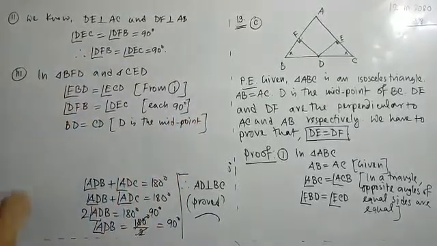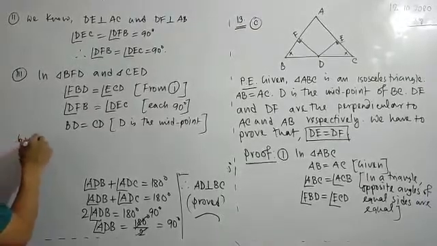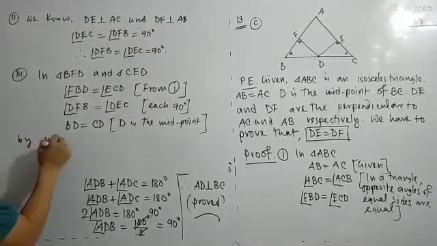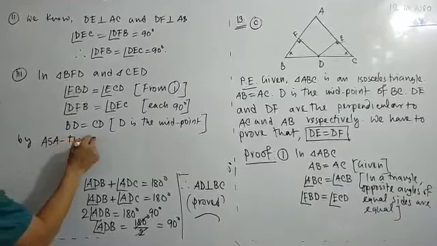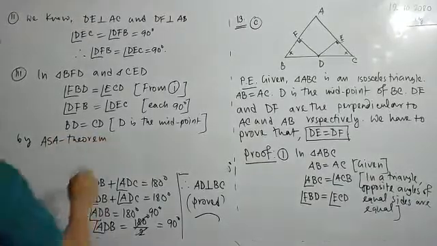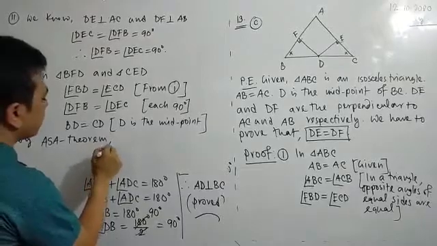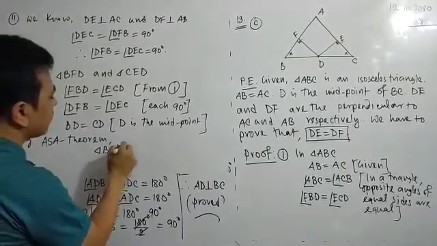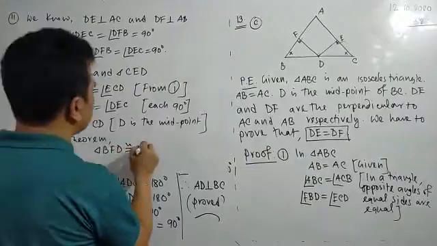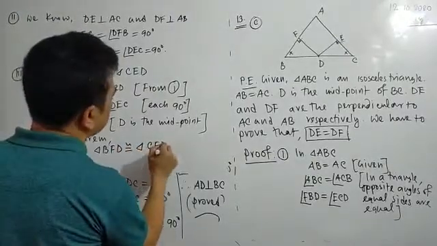So we can write by ASA theorem, triangle BFD is congruent with triangle CED.